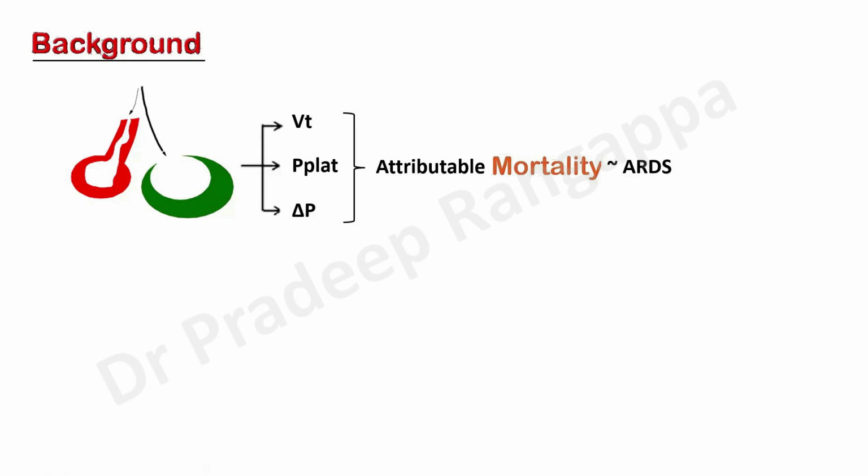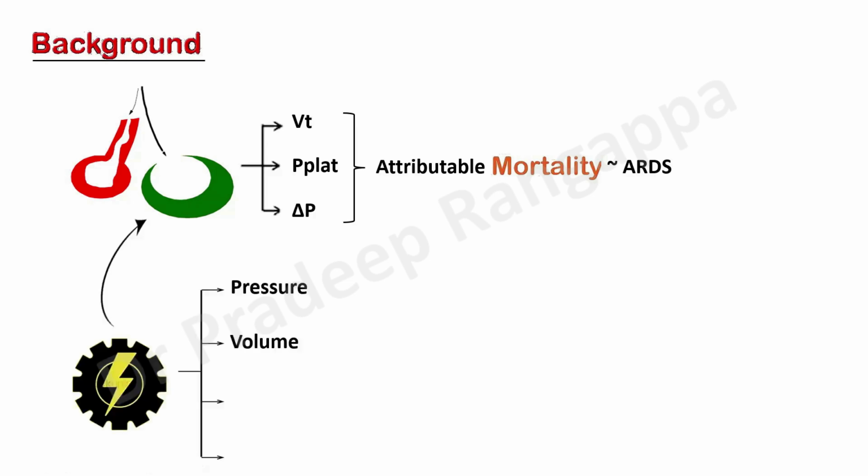So when we talk about mechanical power, in addition to these three elements of low tidal volume, plateau pressure, and driving pressure, we are looking at other aspects. We are looking at the overall pressure, the overall volume of the respiratory system, the flow dynamics, and most importantly, for all the listeners, bear in mind the respiratory rate, which was not added in any of the previous variables, has been given due emphasis in mechanical power.